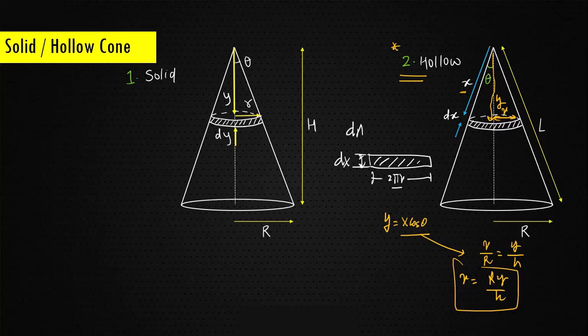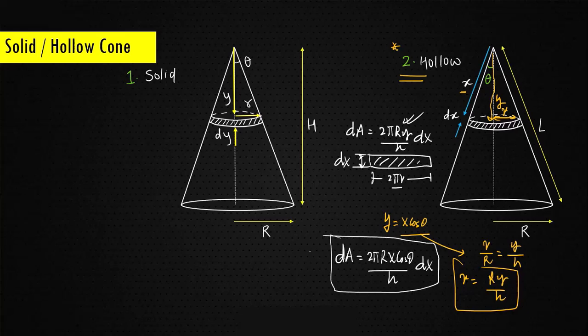So dA should be equal to 2 pi small r, which is capital R y by h, into dx. Now replace y by x cos theta. So dA becomes 2 pi capital R x cos theta by h into dx. So ultimately the area becomes a function of x only.